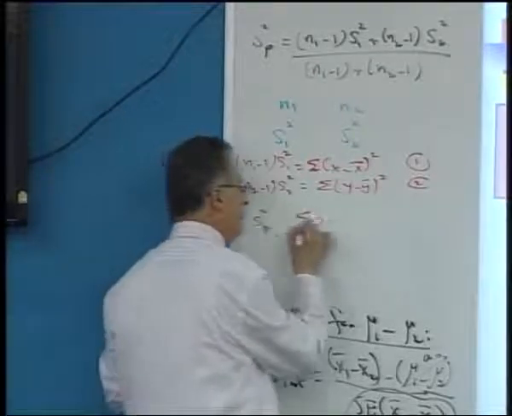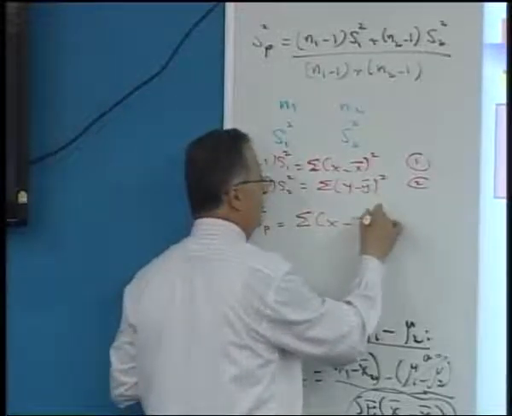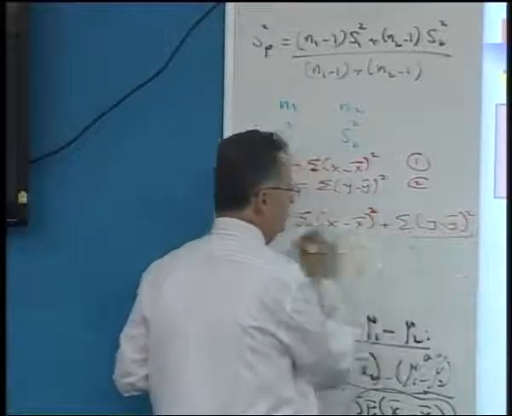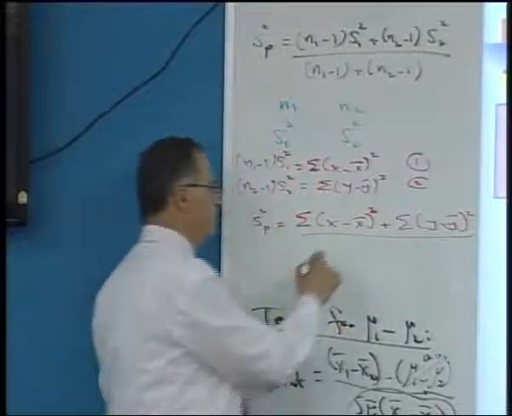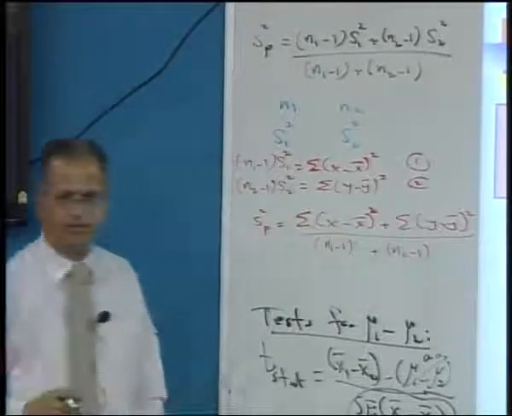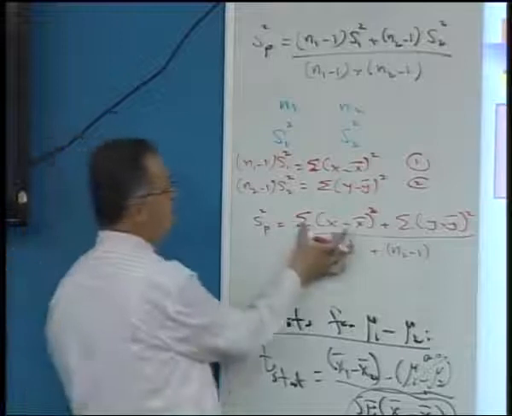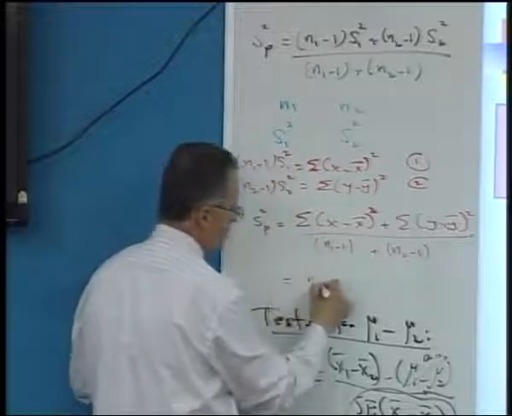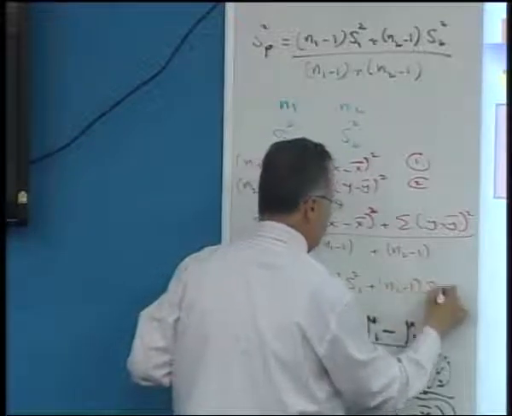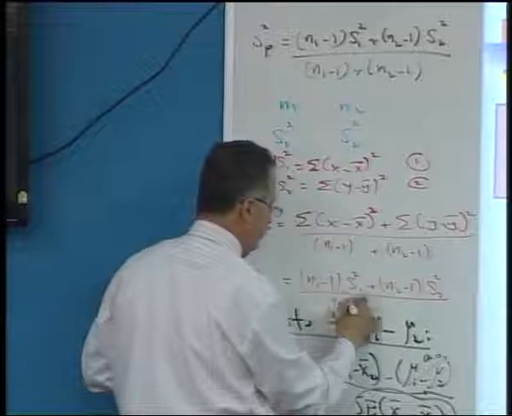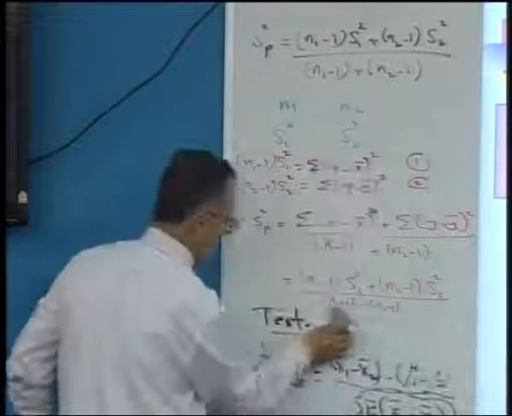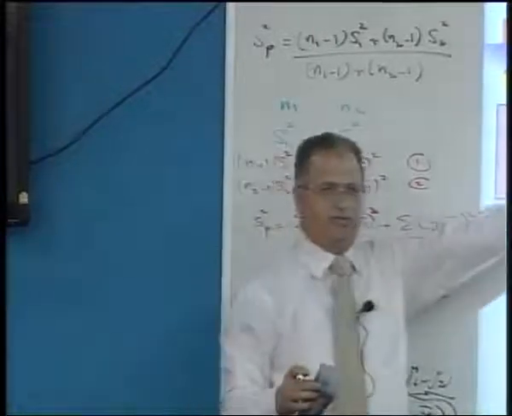So here we have the first sum plus the second one, divided by n1 minus 1 for the first plus n2 minus 1 for the second. Now this sum equals (n1 minus 1) s1 squared, the second sum is (n2 minus 1) s2 squared, divided by (n1 minus 1) plus (n2 minus 1). So this is how this equation is formulated.